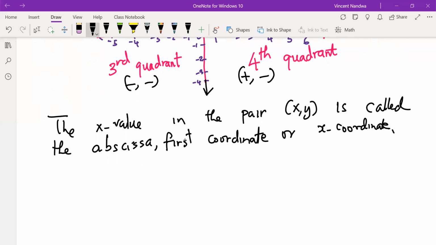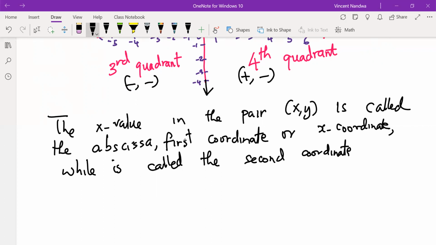While y is called the second coordinate, or we call it y coordinate, or we call it ordinate.